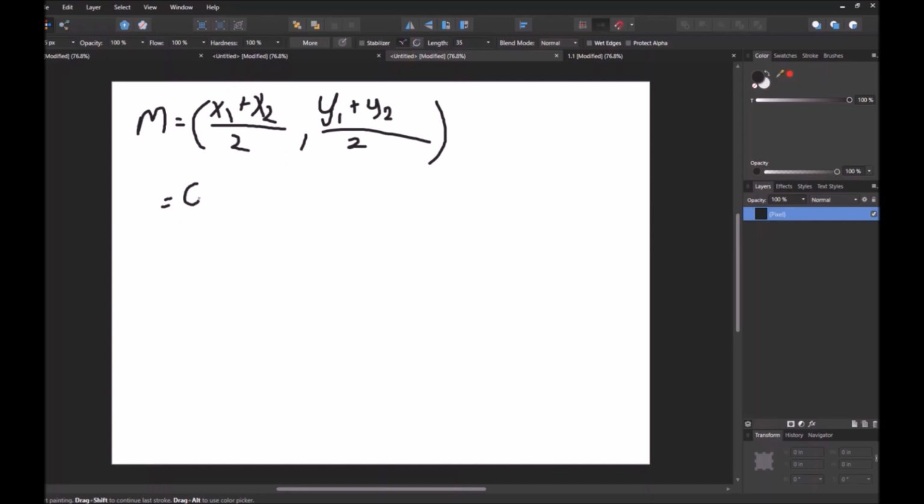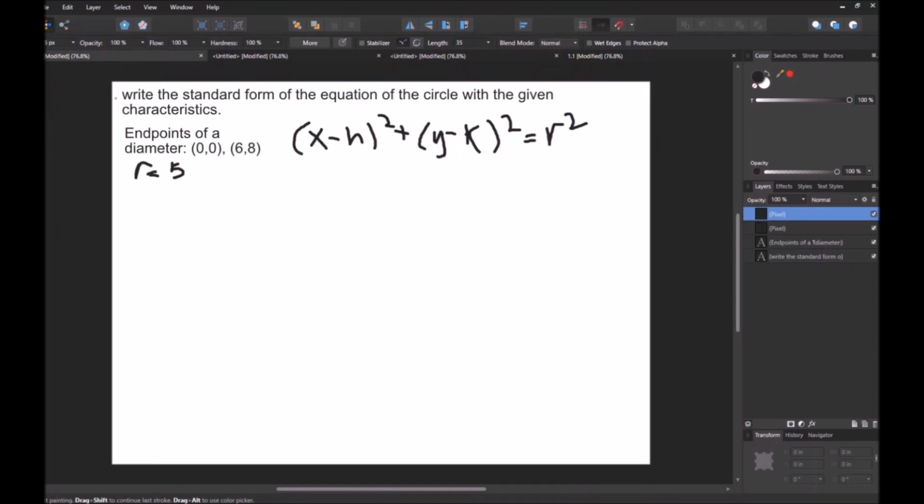So our x1 is 6, and our x2 is 0, over 2. And our y1 is 8, and our y2 is 0, over 2. So 6 plus 0 is 6, and 6 divided by 2 is 3, and 8 plus 0 is 8, and 8 divided by 2 is 4. So our center is at 3, 4.